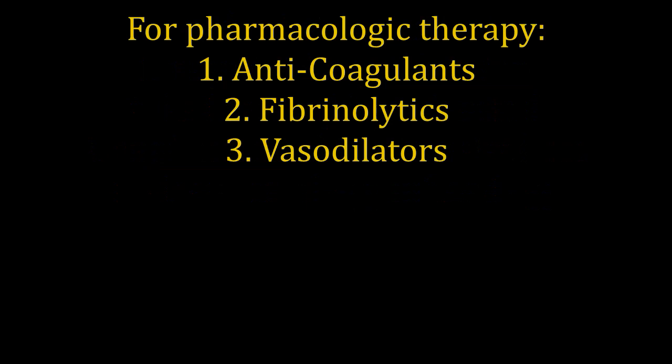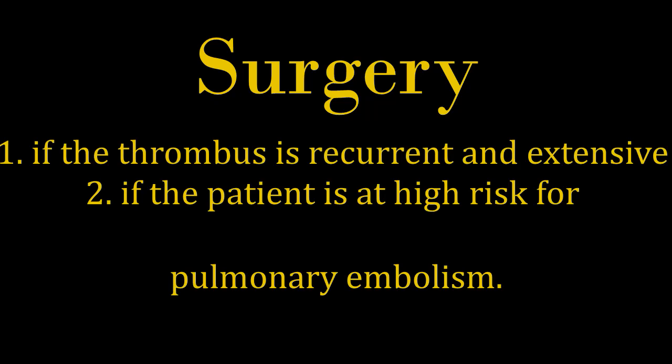For the pharmacologic therapy, we have the anticoagulants, fibrinolytics, and vasodilators because they are needed to control vessel spasm and improve circulation. Surgery is necessary if the thrombus is recurrent and extensive, or if the patient is at high risk for pulmonary embolism.